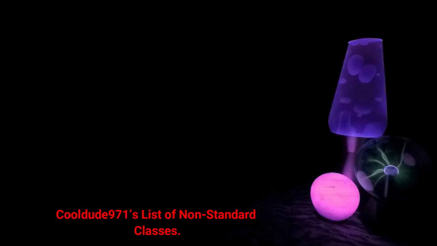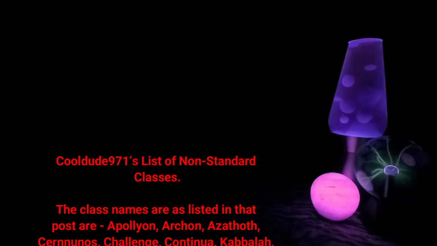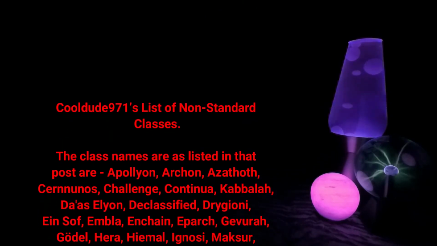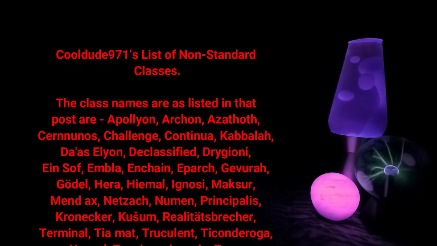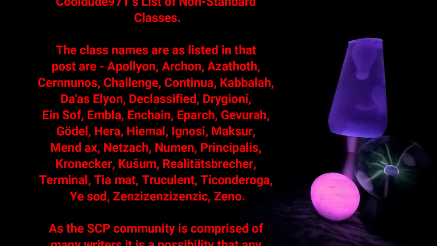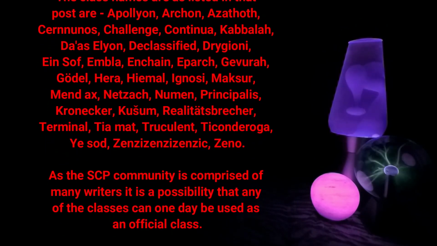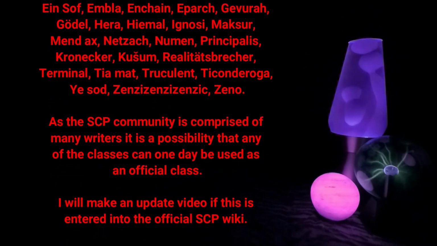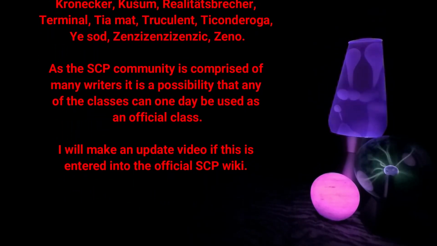CoolDude971's list of non-standard classes. The class names are as listed in that poster: Apollyon, Archon, Azathoth, Sanunus, Challenge, Continua, Kabbalah, Darcelion, Declassified, Drigony, Ensof, Embla, Inchain, Eparch, Jevurat, Guttal, Hara, Hemel, Ignosi, Maxa, Mendax, Netsach, Newman, Principalus, Chronica, Cusum, Realatortsbrisha, Terminal, Shiamat, Truculent, Ticonderoga, Yesod, Zenzik, Zeno.